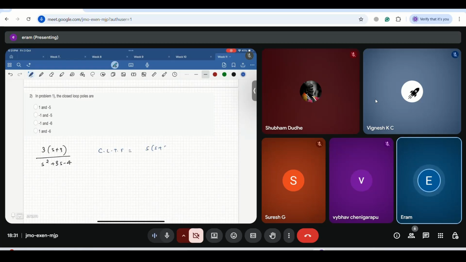So what will be the closed loop characteristic equation? We have to just add the numerator and denominator, right? So this is our characteristic equation, which is s square plus 6s plus 5 equals 0.